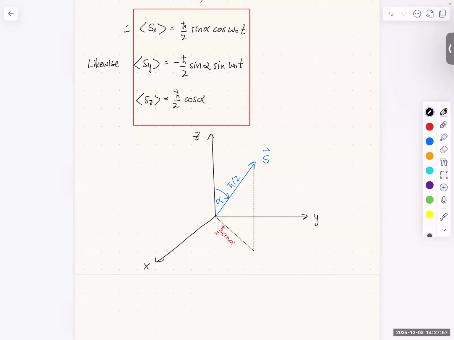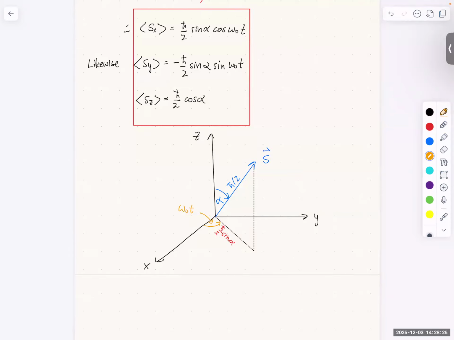And how much we rotate away from the x-axis is specified by omega naught t. It's our phase. It's the evolution of the phase of our spin eigenstates. Okay, and so once omega naught t becomes pi by 2, then we'll be fully aligned with the y-axis.